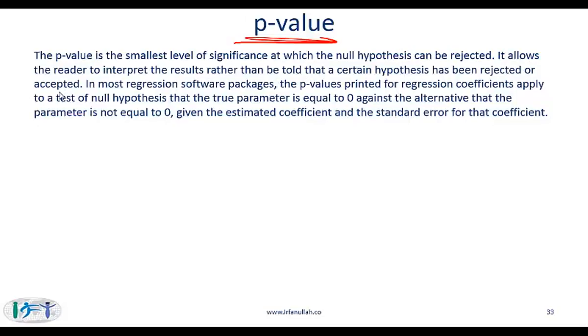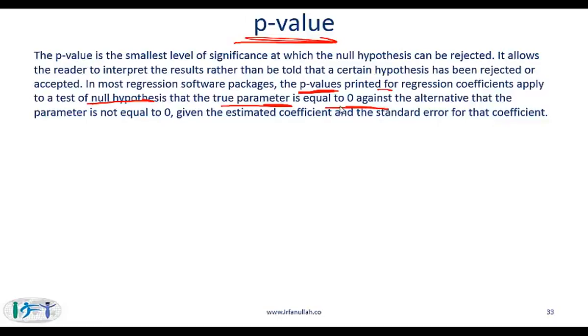So you don't want your quant guy to tell you to accept or reject. Ideally, you want to get the data. That's why you are studying this, and you want to interpret yourself. In most regression software packages, the p-values printed for regression coefficients apply to a test of the null hypothesis that the true parameter is equal to 0.